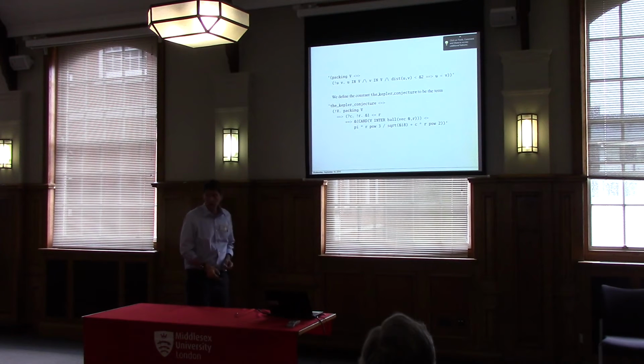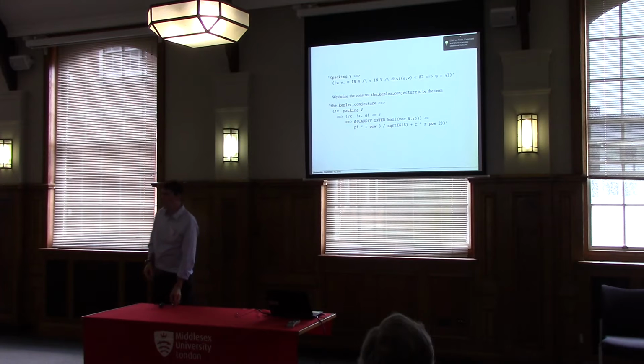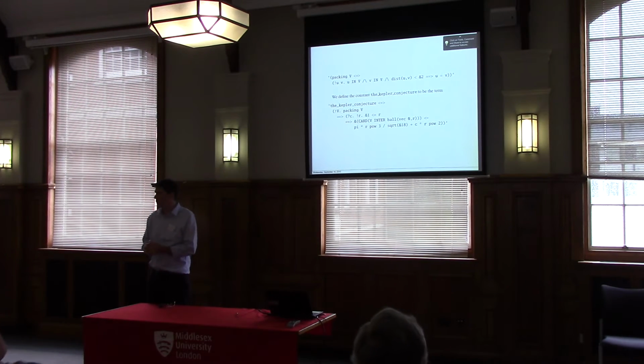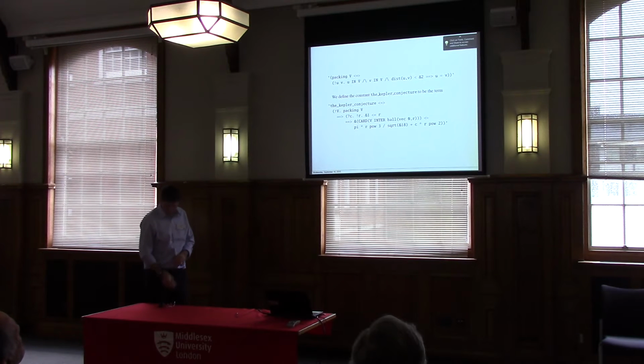So this is what it looks like in the HOL Light system. We define a packing in terms of the centers of the balls. If we normalize the radius of each ball to be 1, then the centers have distance at least 2 from each other. This is all done with an ASCII character set, so universal quantifiers, for instance, are done with exclamation points, and some of this looks a little bit strange.